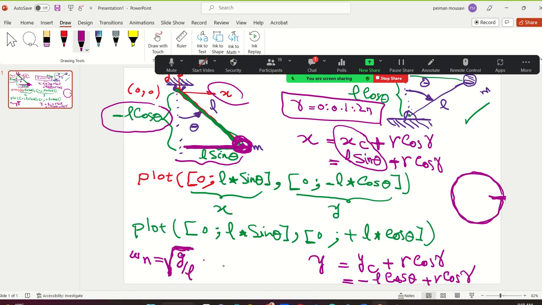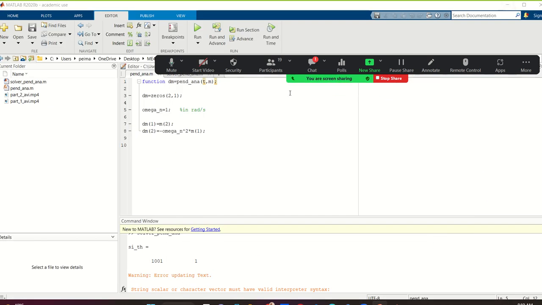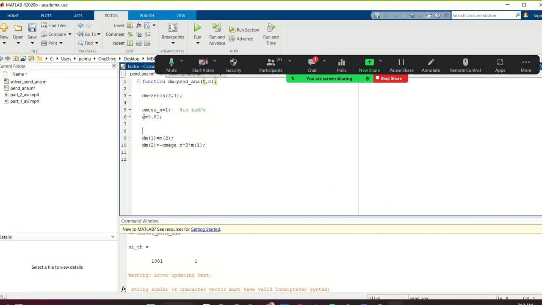Yes. So, if you want to write it in the code, L, the length of the pendulum, is going to be G over omega n squared. Yes or no? Okay. So I'm putting it here. Gravity is 9.81. So the length equals G divided by omega n squared.